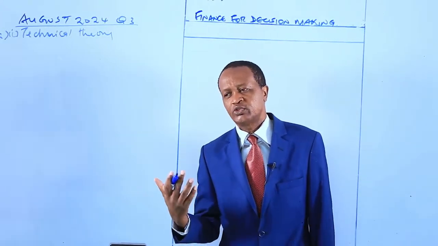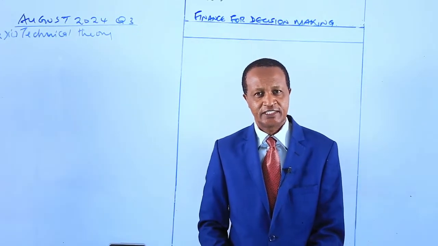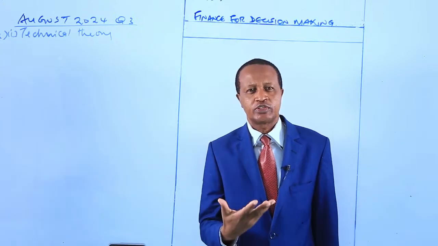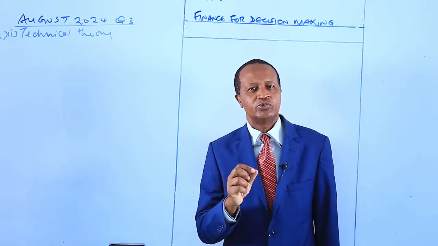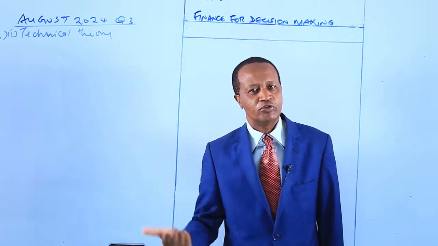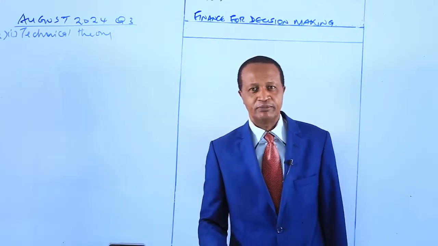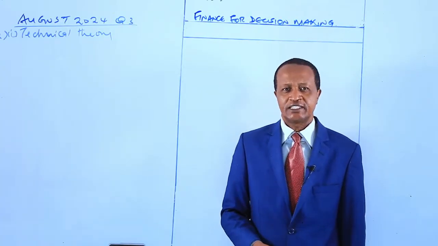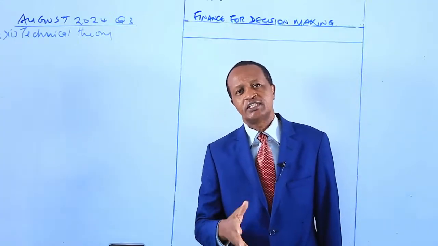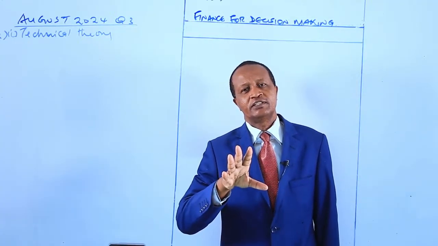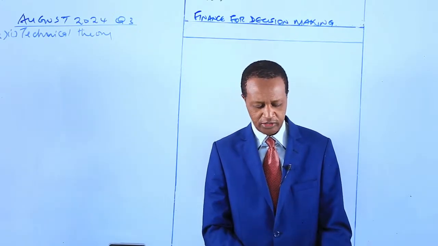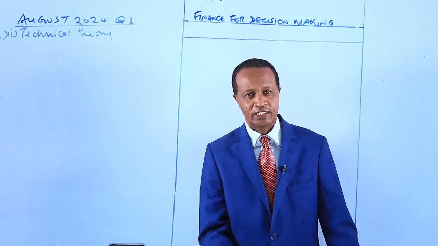It may also be referred to as technical analysis, and it asserts that a stock's value and future price movements can be predicted by analyzing historical market data, primarily the price and volume. That is the technical theory in brief. Of course, here you are just to say that, then you earn the 2 marks.